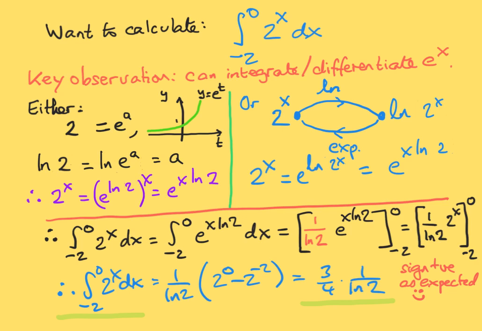So, what we've done on this slide was we said to integrate anything like this, what we want to do is to recast it in the form of e to the x, perhaps times a constant. And I explained 2 different ways of doing that. This is the way I would normally use myself. I would just say anything to the x is e to the log of the anything.